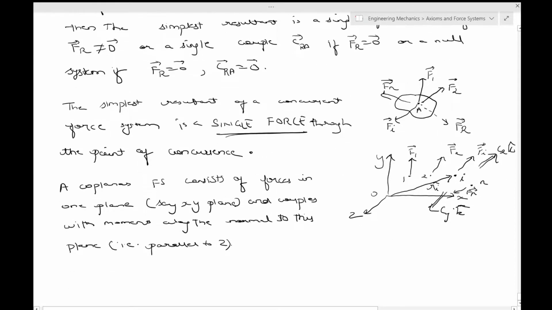Now in this system, CRO dot, so sorry, the resultant moment about O dot Fr is equal to MOZ k dot, what is Fr? It would be Fx i hat plus Fy j hat.